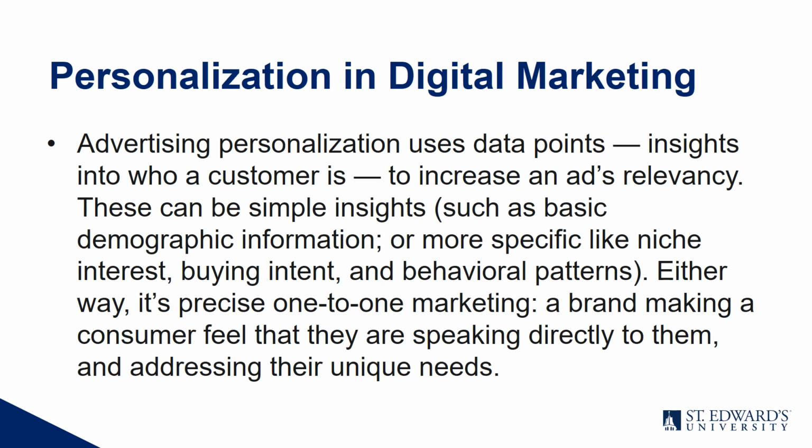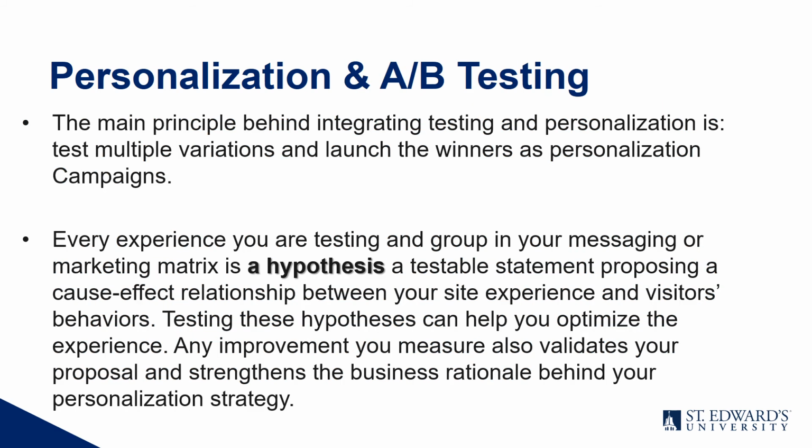Either way, it's precise one to one marketing, a brand making a customer feel they are speaking directly to them and addressing their unique needs. This is where you get very specific in your segmentation and see what works and build out strategies with your marketing automation tool for personalization.